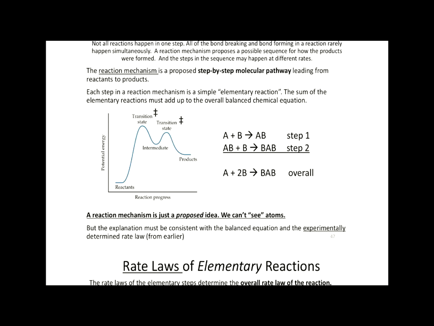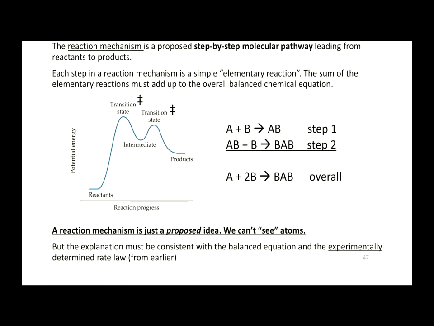If we treat this like Hess's law, A plus B is giving us AB. But then in the second step, AB is combining with another B to give us our product BAB. So are there any species we can cancel to get our overall reaction? If we just treat it like Hess's law, AB gets made and then consumed.